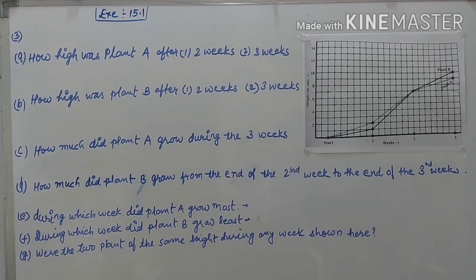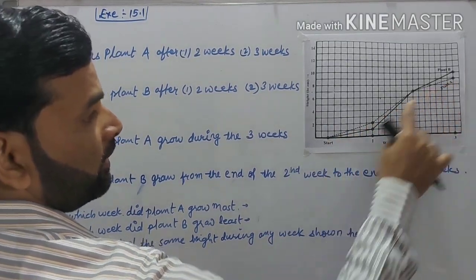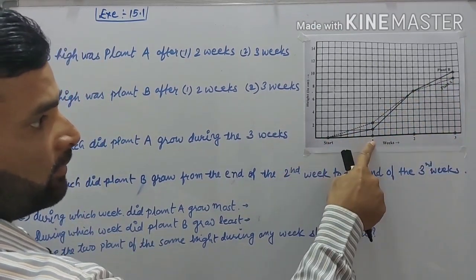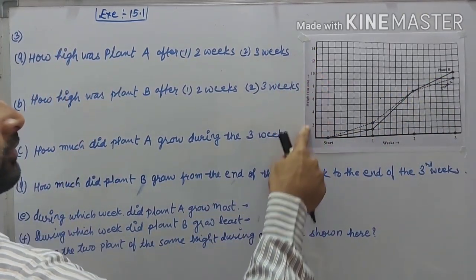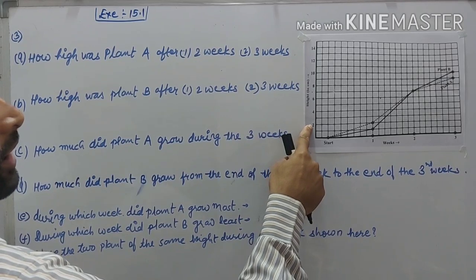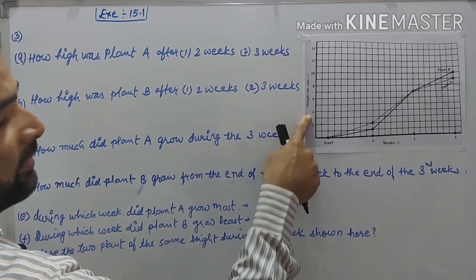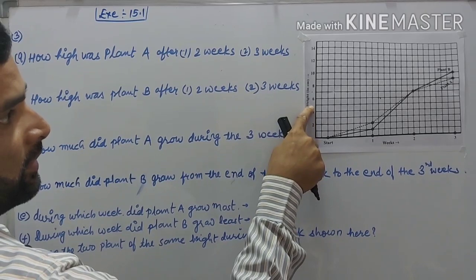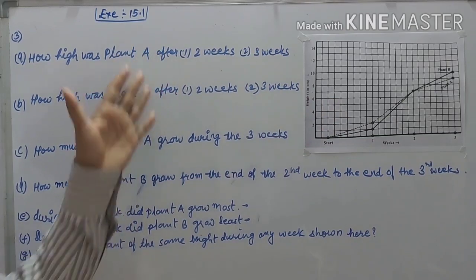The dotted line shows plant A and the regular line shows plant B. The start point and the three weeks are shown on the graph, and the vertical y axis shows the height: 2, 4, 6, 8, 10, 12 foot. Each number has 2 squares, so the midpoints are 1, 3, 5, 7 and so on. According to this graph, give the answers.